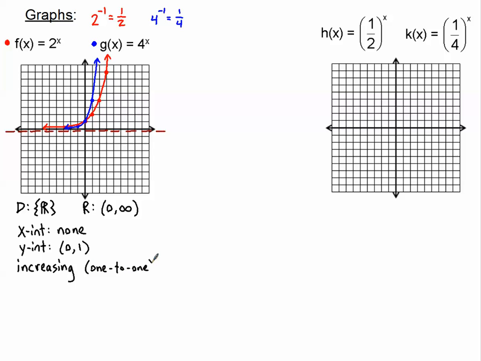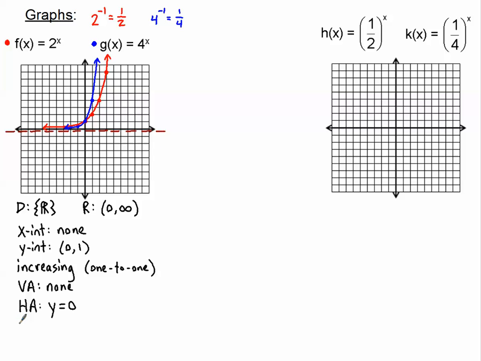Remember, a function is 1 to 1 if it passes the vertical line test and the horizontal line test. And that will tell us something about its inverse, but we'll be graphing those a little bit later. Vertical asymptote, we don't actually have a vertical asymptote, but the horizontal asymptote we do, which is y equals 0. It's the equation of the x-axis.